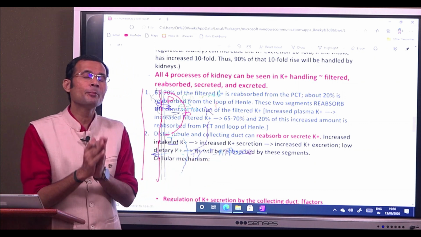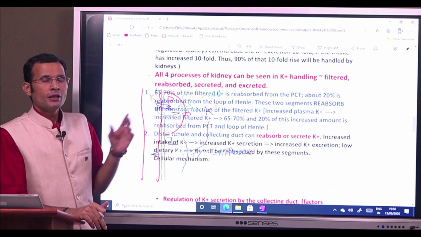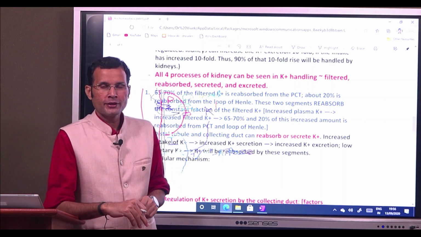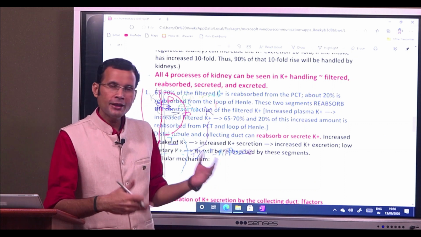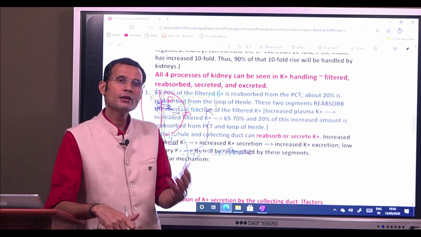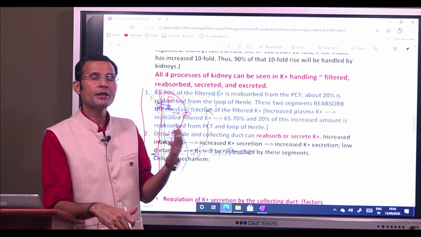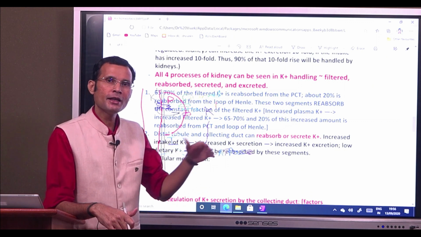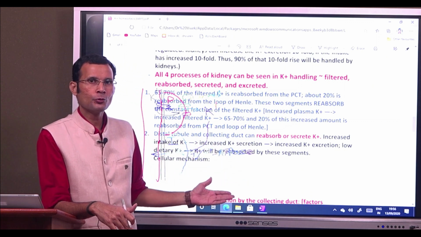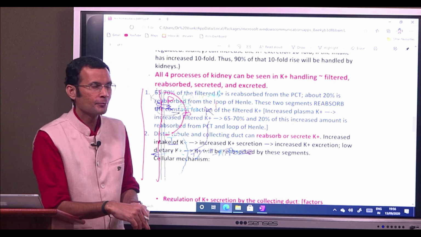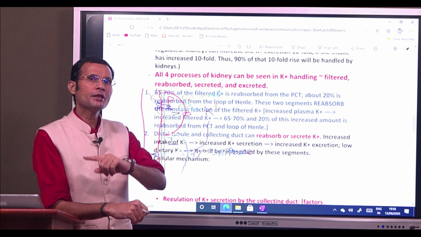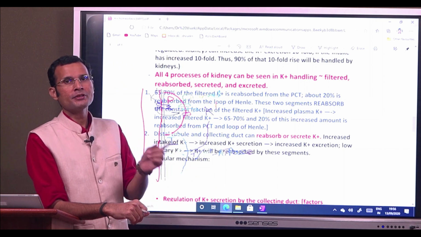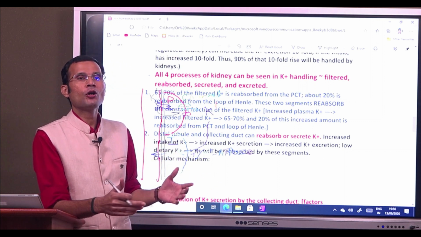So remember, the point I am making is, normally sodium, for example, is always reabsorbed from everywhere. Sodium is needed by the body, needed into the ECF. So it will always be reabsorbed from anywhere. Sodium is never secreted anywhere. What about the potassium? Potassium can be reabsorbed, potassium can be secreted, depending on the requirement.